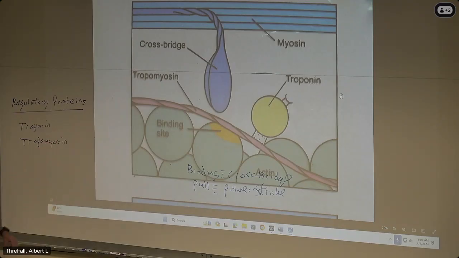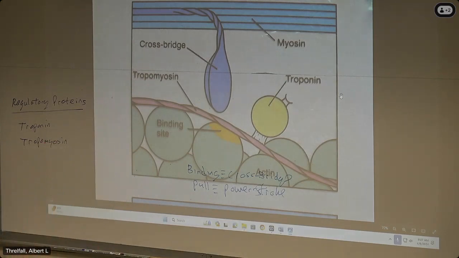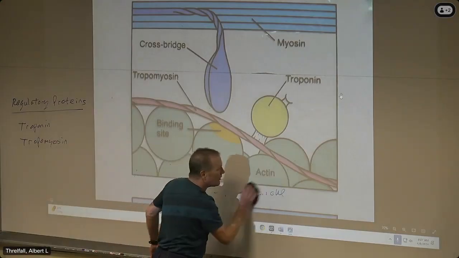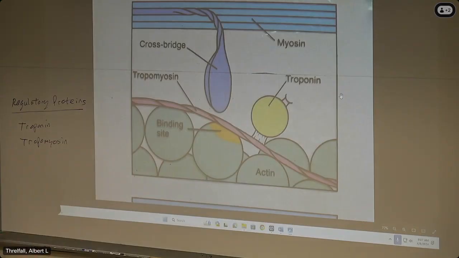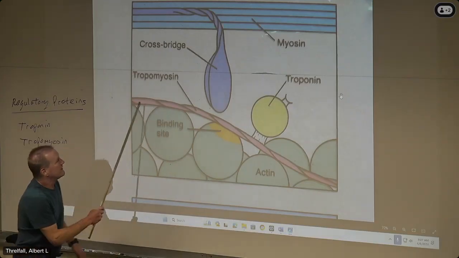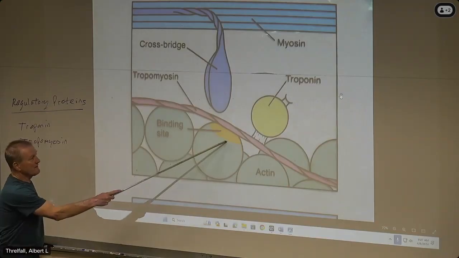But we see the same thing here. We see the head. We see the binding site on actin. We understand that the myosin head wants to, if we personify it anyway, it wants to bind that binding site, but it can't because tropomyosin is in the way. It's blocking the binding site.